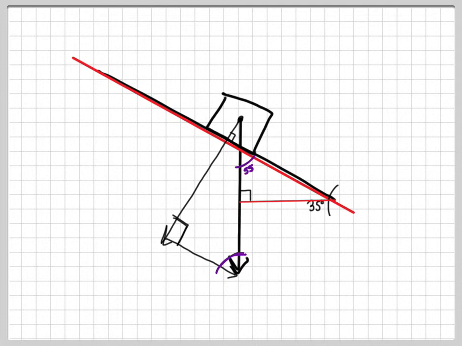We know that this angle here, the one between the force of gravity and the force of gravity on the y, has to equal the slope of the table. It's 35 degrees. Or you can just commit to memory that that's equal to whatever the slope with ground is, and call it a day.